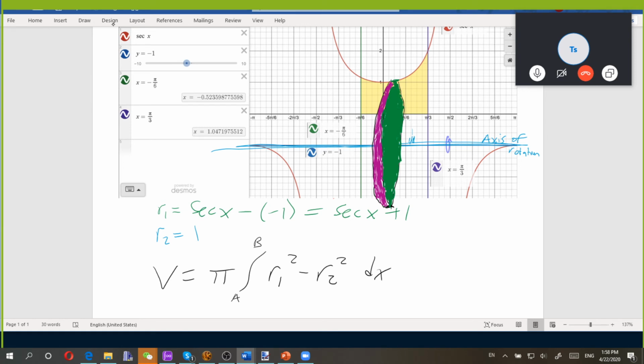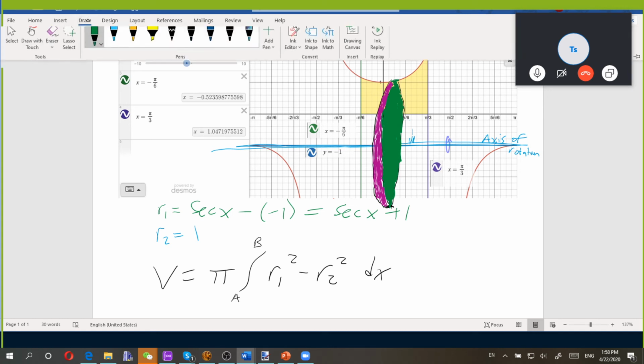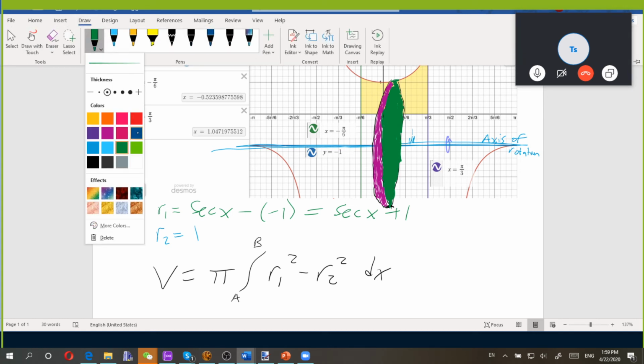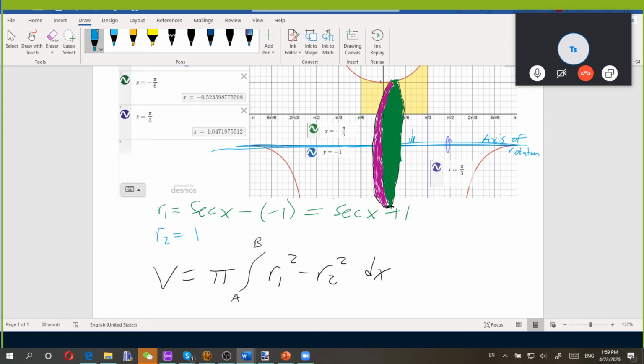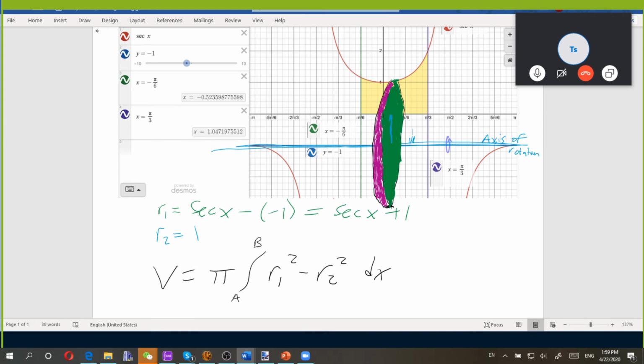So right now I've got our larger disk in green that we've cut. I'm going to take that solid and we'll do our radius here in blue, and use that to cut out a smaller disk.